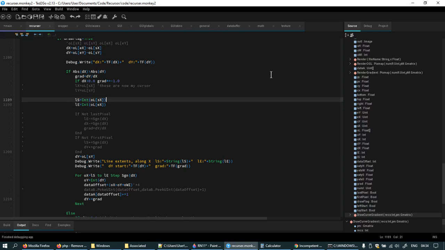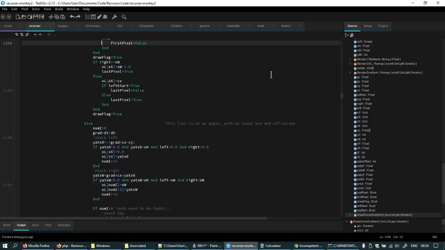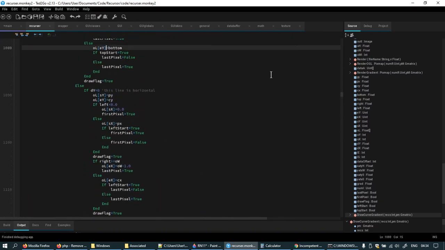So let's have a little look at the horizontal clip thing off the left hand side here. This line is horizontal because the y difference is 0.